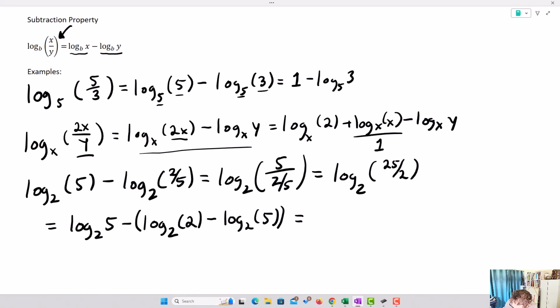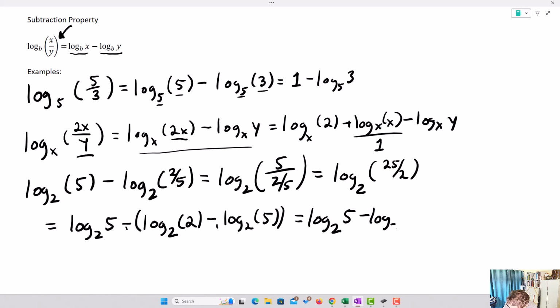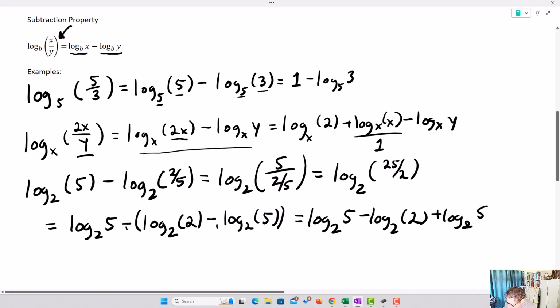And this is really important, because notice the negative and the negative. We've got two negatives. We're going to end up with log base 2 of 5 minus log base 2 of 2, which is a 1, plus log base 2 of 5. So those signs really make a big difference.